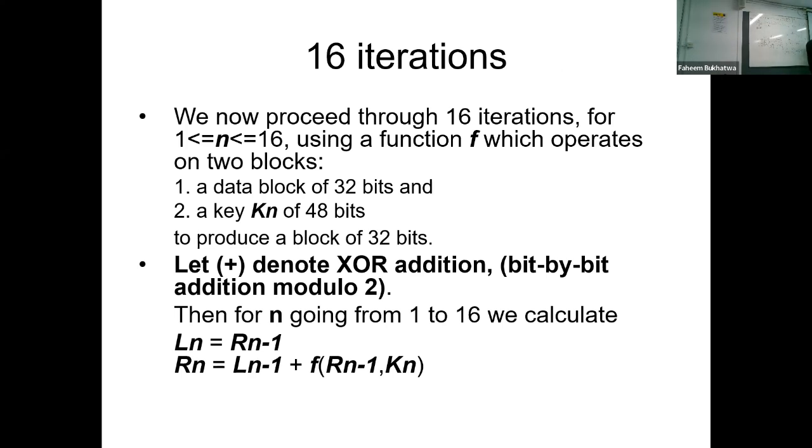For the new right, we operate on the left. We take the left and XOR it with the right half operated upon with the key. This is where we take the key and perform the operation on the right half. Once we finish, XOR it with the left half and go back again to the start.